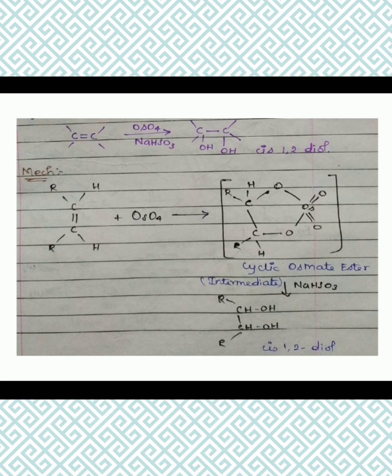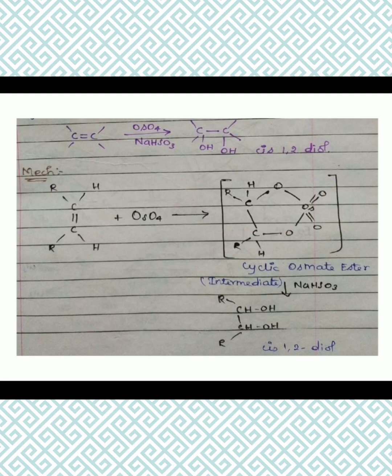So in both cases, using KMnO4 catalyst or osmium tetroxide catalyst, we get the product cis 1,2 diol, and in the reaction preferably the hydroxyl group goes to the less hindered side.